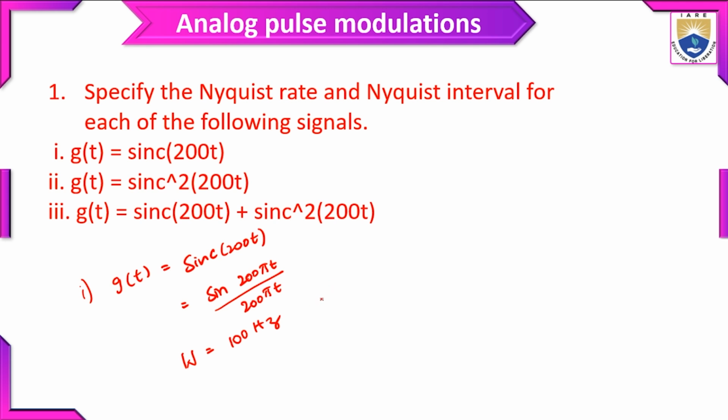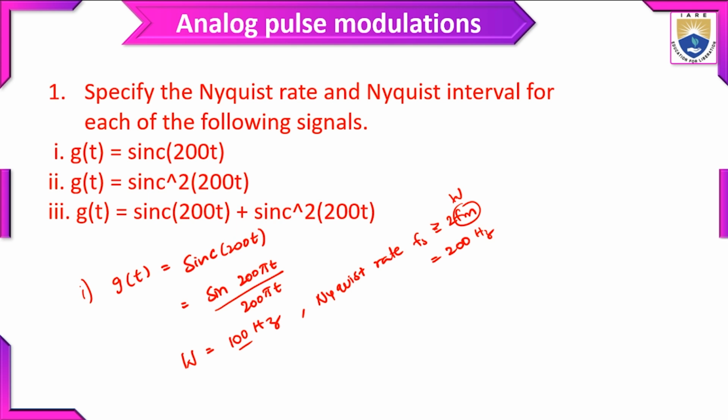So the Nyquist rate is fs greater than or equal to 2 fm, and this is fm, so our Nyquist rate is nothing but 200 hertz. Simply 2W. You can use fm or W. So finally the Nyquist rate is 200 hertz.